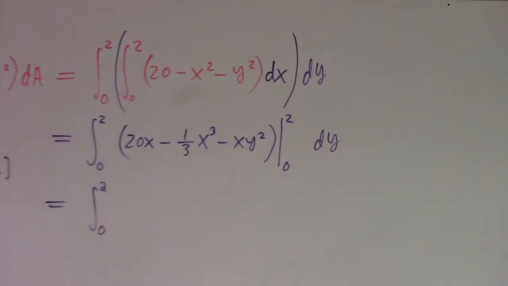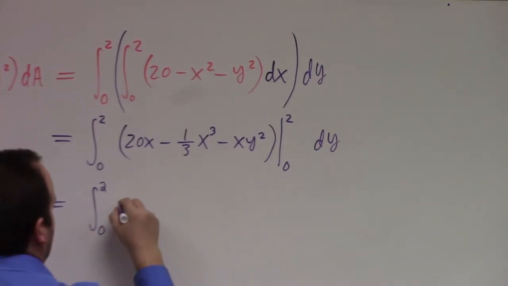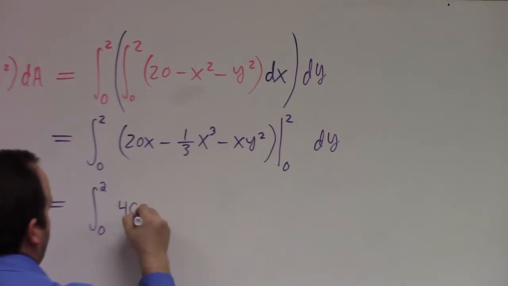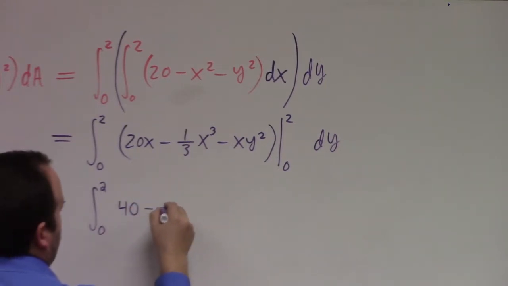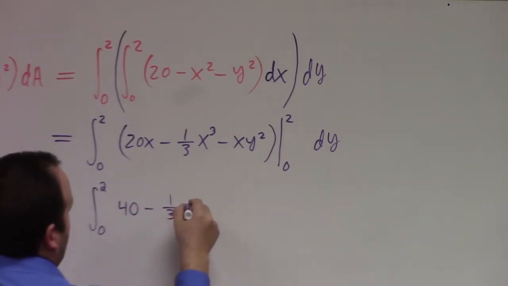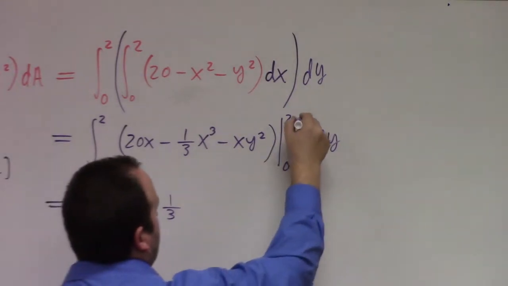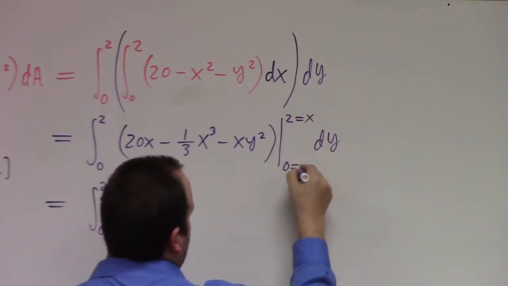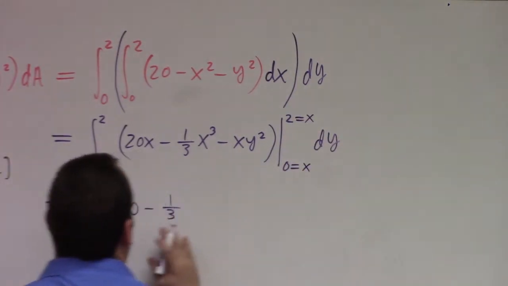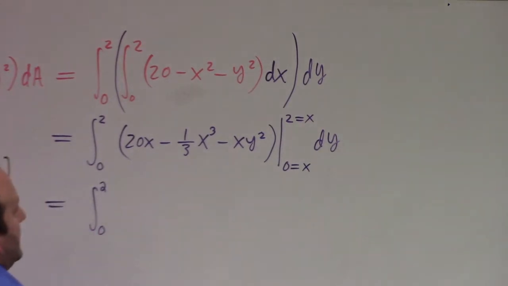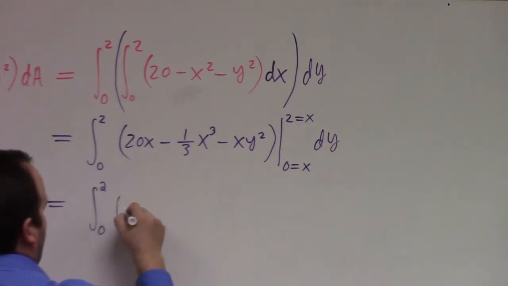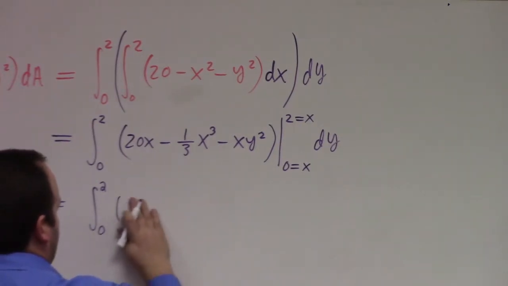Let's see here. So what do we got? We got 40 minus 1/3. Oh, sorry. It's sometimes a good idea to write x equals 2 and x equals 0 to remind yourself what you're doing. Talking to myself at the moment. So yeah, this first one evaluates to 40, right?